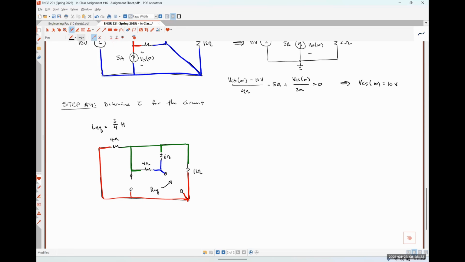So I'm going to call that blue node A, the red node B, and the green node C. So putting A on the left-hand side and B on the right-hand side, to go from A to B, I have to go through C. And to go from A to C, I'm going to go through either the 4 or the 6, which means that those two are in parallel. And then to go from C to B, I'm going to go through either the 4 or the 12, which means those two are in parallel.